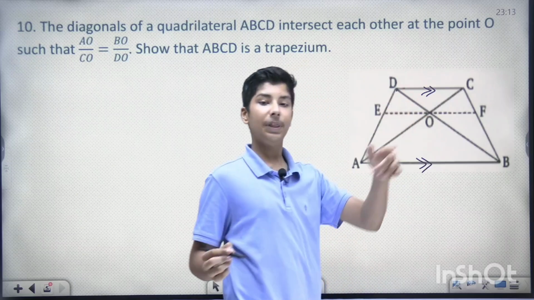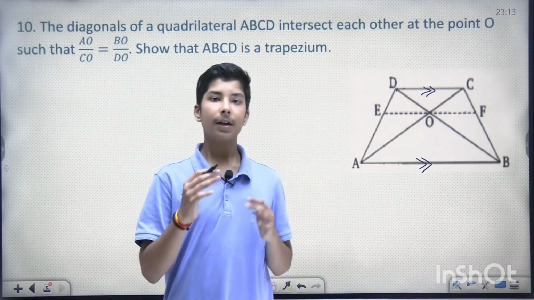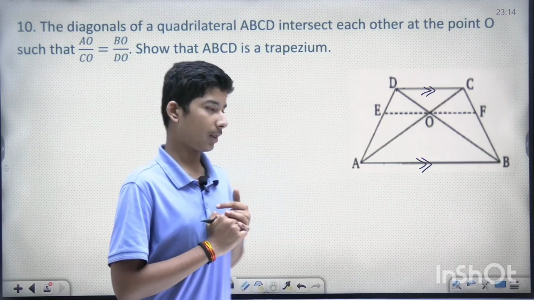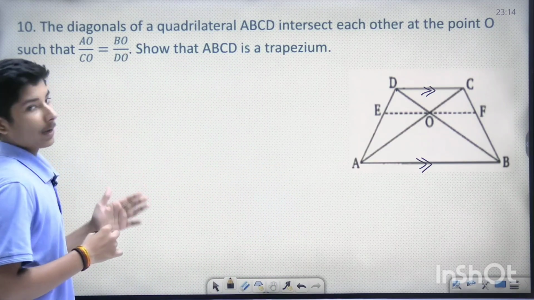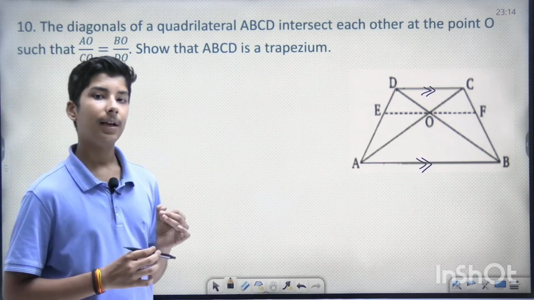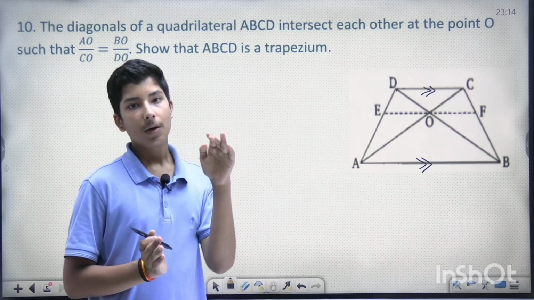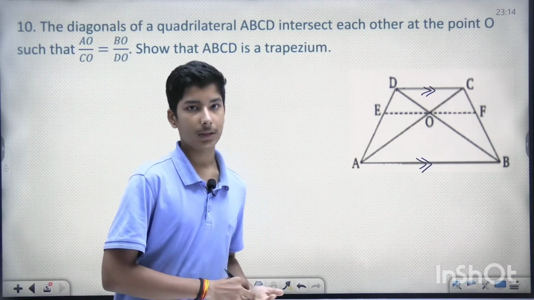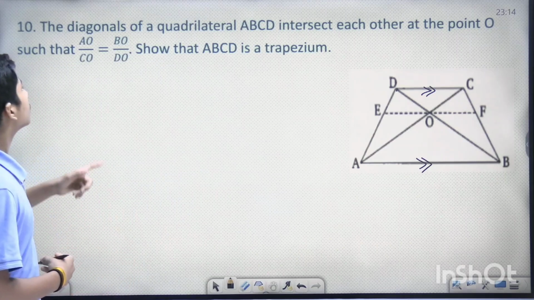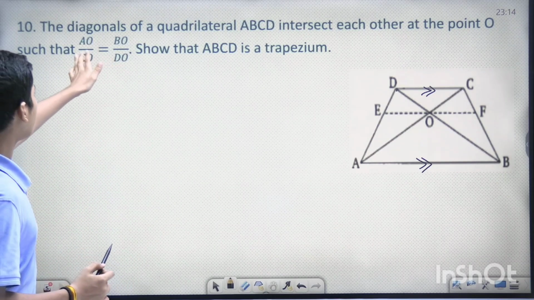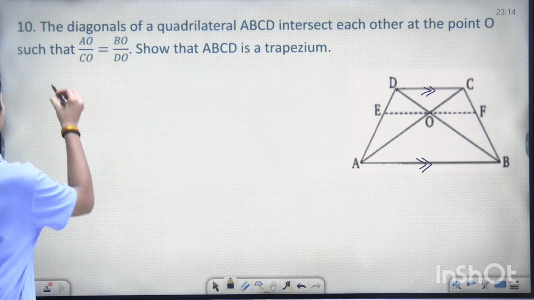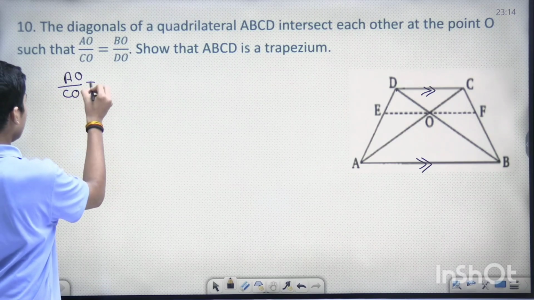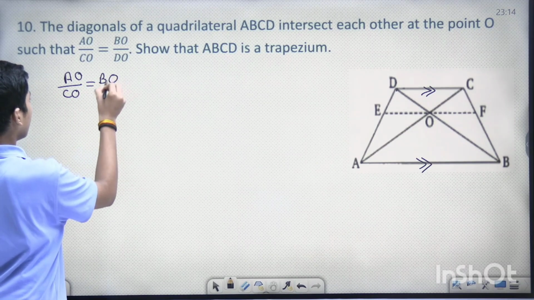If we prove this, then we can say that this quadrilateral is a trapezium. Because trapezium is a quadrilateral in which two sides are parallel, but other two sides are not parallel to each other. So here AO upon CO equal to BO upon DO.